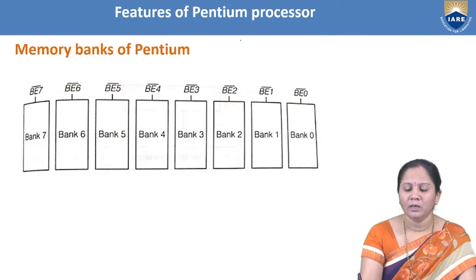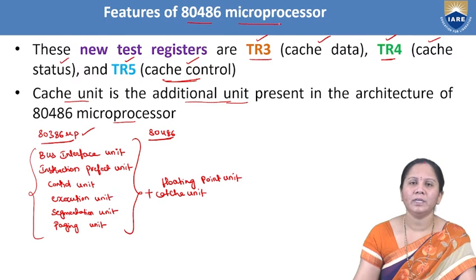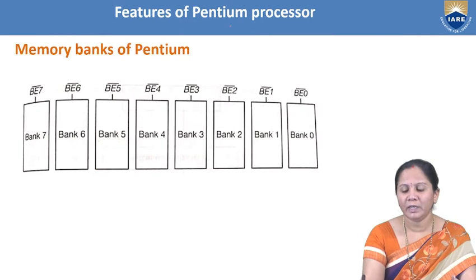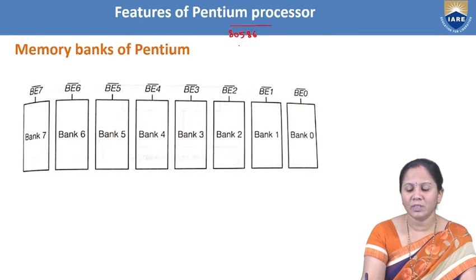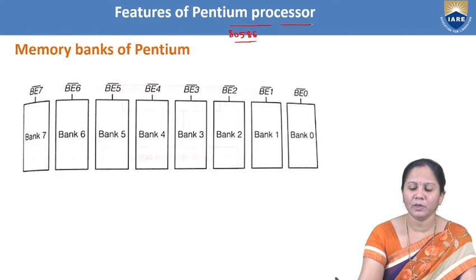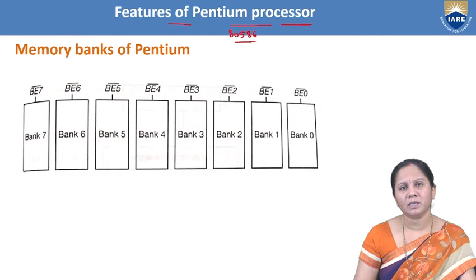Now, up to here, these are the features of the 80486 microprocessor. Next comes the features of the Pentium processor. After 80486, 80586 came into existence, and this 80586 and all the remaining processors we generally call Pentium processors. Some features of the Pentium processor are advanced compared to 80486.